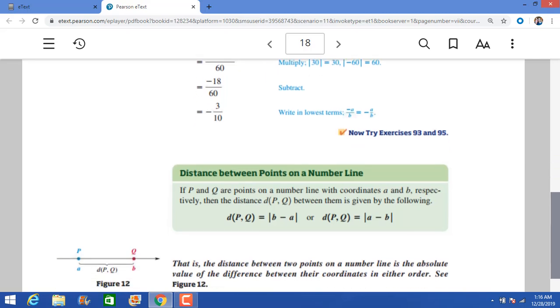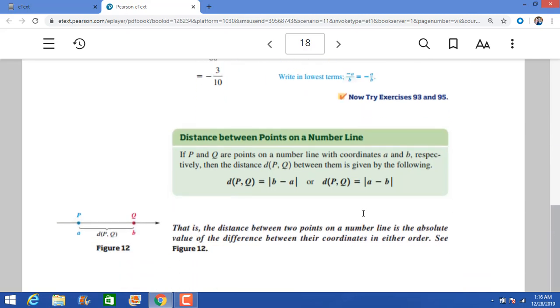Okay, so now let's look at distance between points on the number line. If P and Q are points on a number line with coordinates A and B, respectively, then the distance between P and Q is nothing but the absolute value of B minus A, or the absolute value of A minus B. So order doesn't matter, it's going to be the same either way.